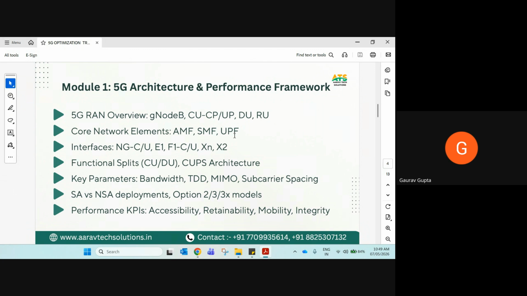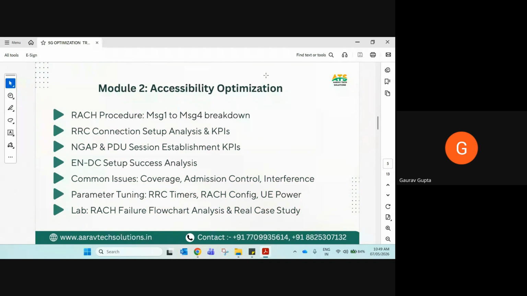After finishing the hardware part and the complete architecture part, the nodes, components, core network elements and interfaces, we will go to the KPIs slowly, one by one. Talking about KPIs, we will start with accessibility optimization. Why? Accessibility is the first gateway.